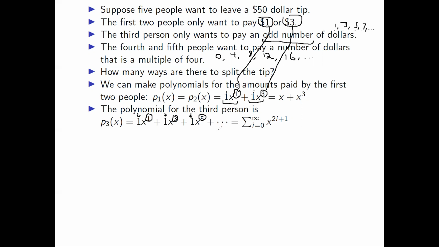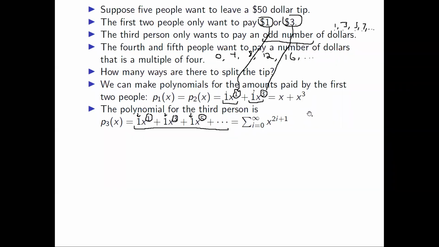So there are no ways that person 3 is willing to pay any even number of dollars. So all the coefficients of the even powers are 0. So we haven't written them because 0 times anything is 0, and 0 plus anything doesn't change it. And we can take this sum here, the sum of 1 times the odd powers of x, and write it more succinctly as the sum from i equals 0 to infinity of x to the 2i plus 1.